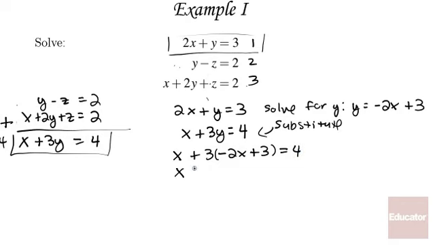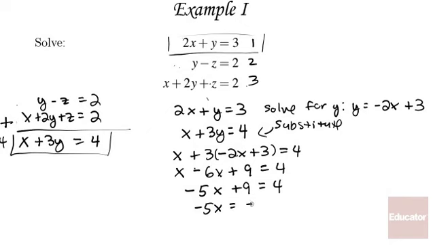Working this out, 3 times negative 2x is negative 6x, 3 times 3 is 9, equals 4. Now I just have an equation with a single variable, so I can solve that. Combining like terms, x minus 6x is negative 5x plus 9 equals 4. Subtracting 9 from both sides, negative 5x equals negative 5, x equals 1.